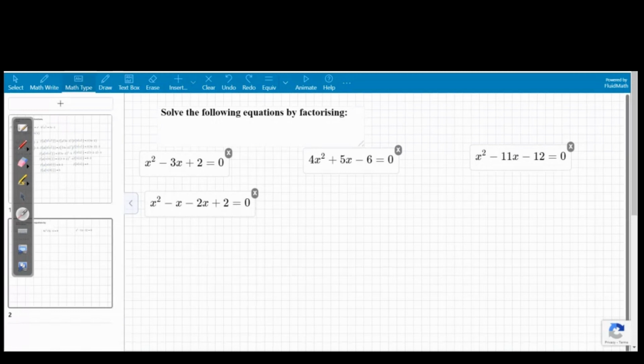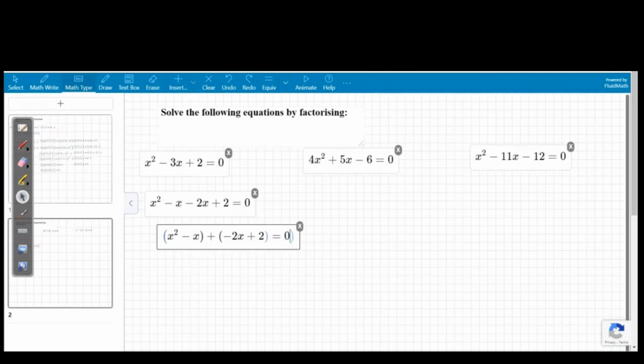So this becomes x raised to the power 2 minus x in one bracket, and the other bracket will have minus 2x and then 2, all equal to 0.